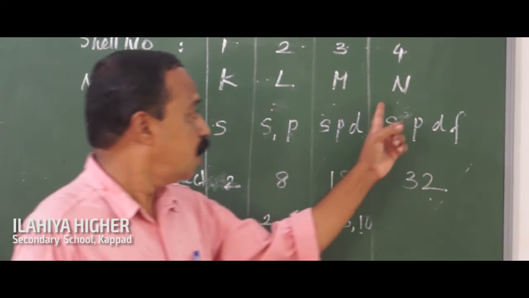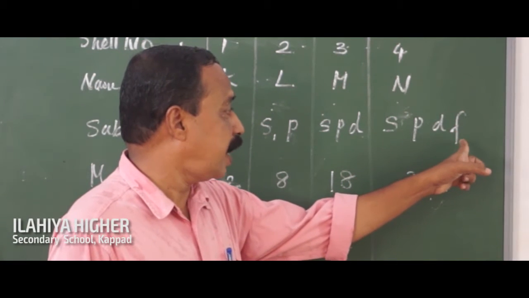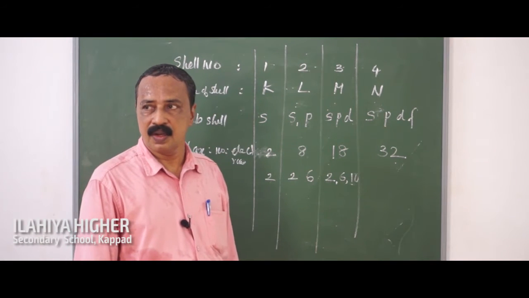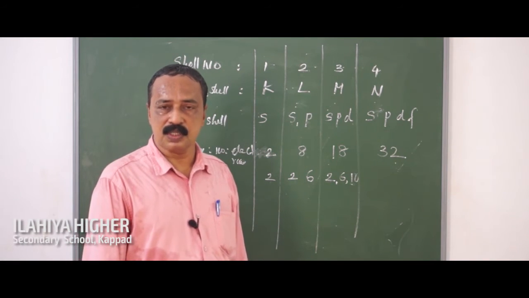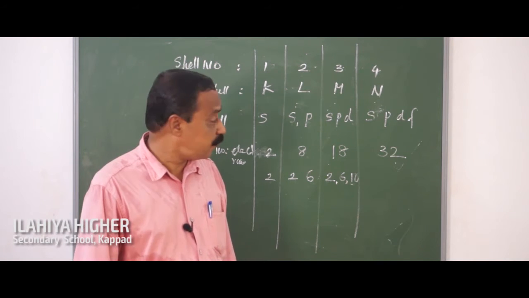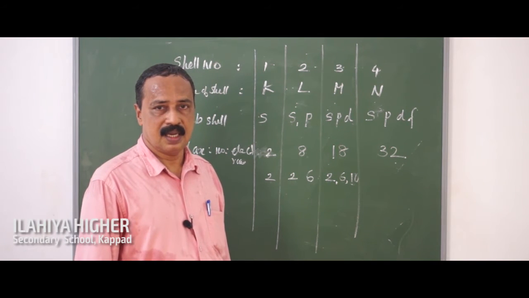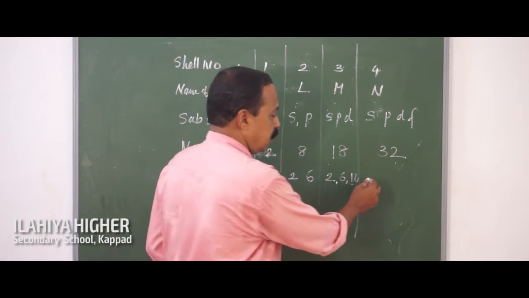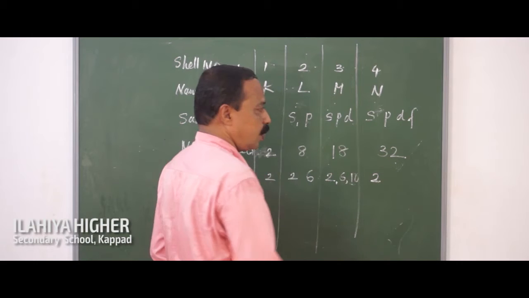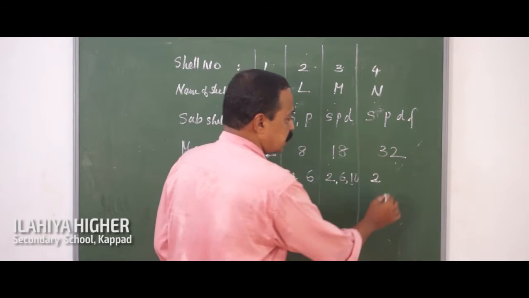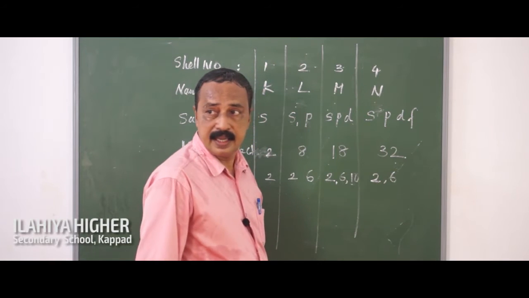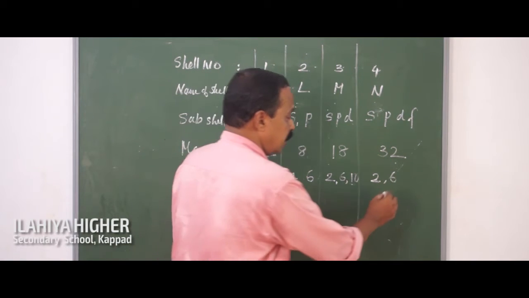So what is the number of electrons possible in the F subshell? Find it. Okay. S, 2 electrons. P, maximum number 6. D, maximum number of electrons possible is 10.